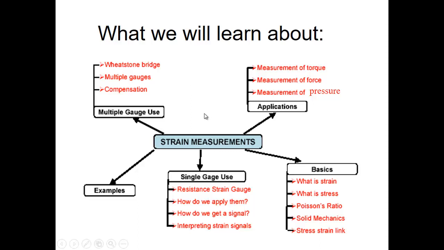And in the strain measurement also we can divide the gauge into two, either a single gauge ataupun kita gunakan multiple gauge. So they have different applications and different procedures, and we will look at the example at the end of the topic lah.